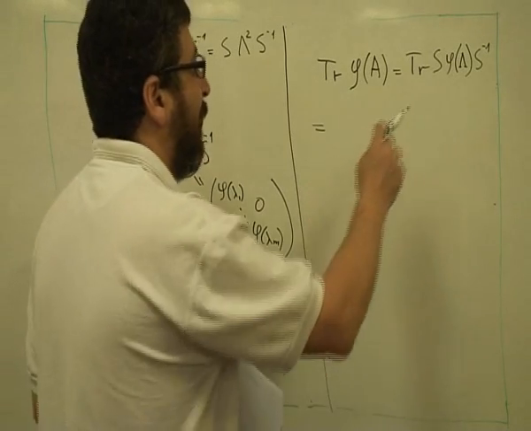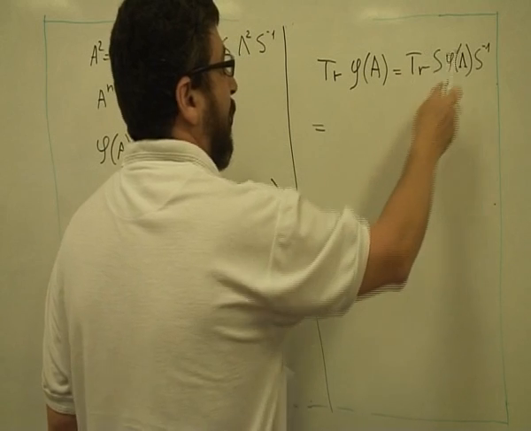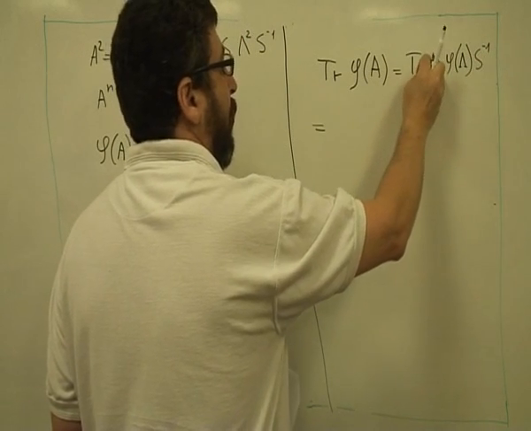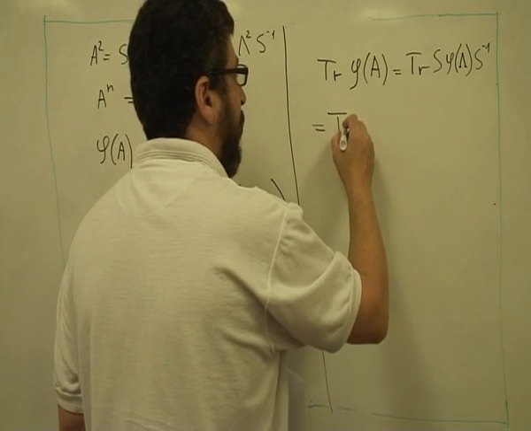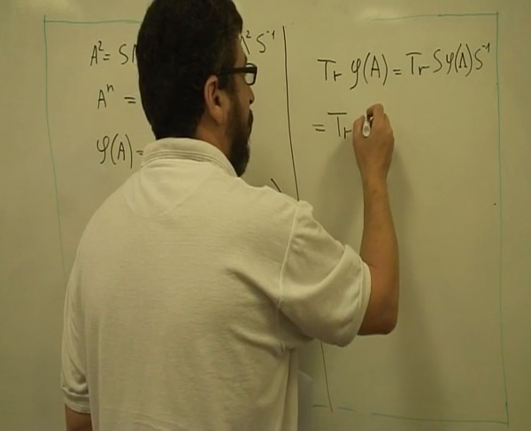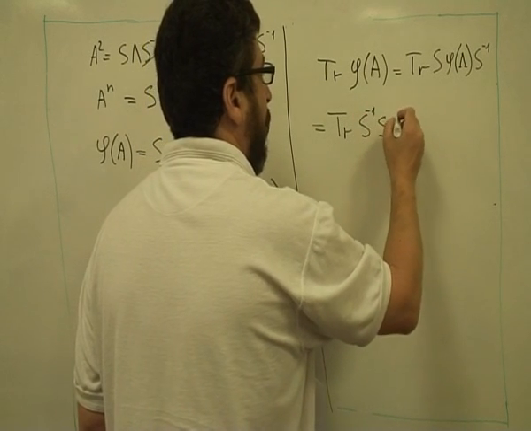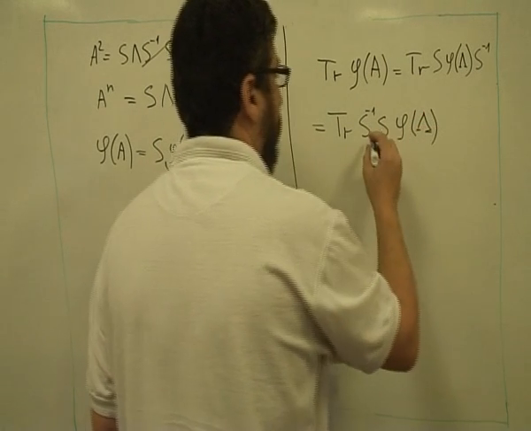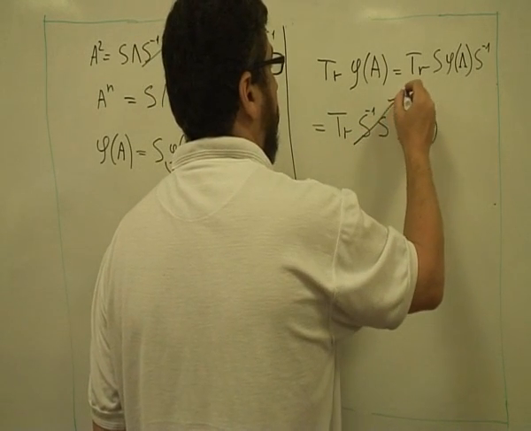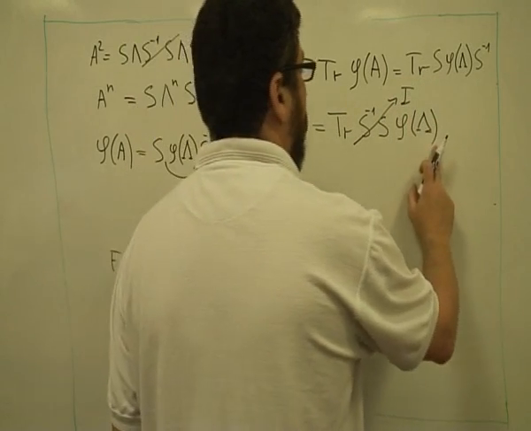And so I can move this matrix under the trace to here. So it's by commutativity of trace. You will write trace as S inverse S phi of lambda, and of course this is the identity matrix. So I get trace of phi of lambda.